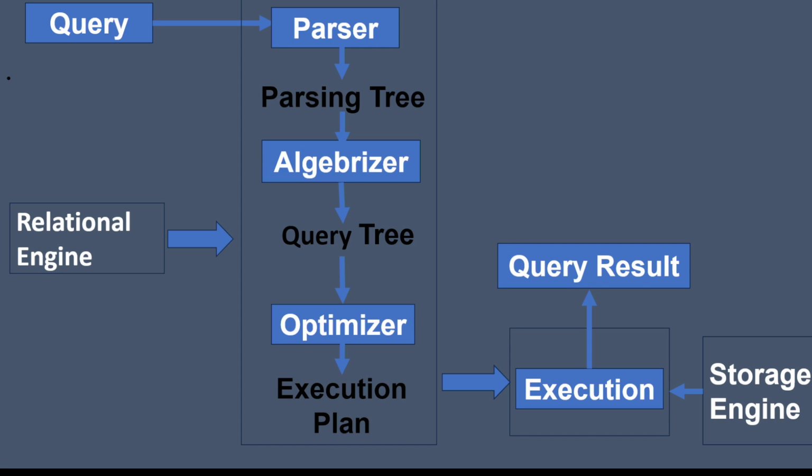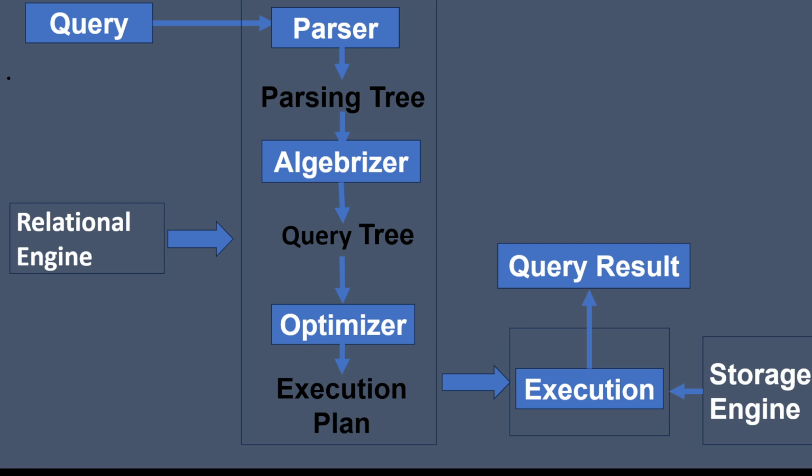So basically, these three operations are performed by the relational engine: parser, algebraizer, optimizer. If you pass any query, the first output is the parsing tree, after that the query tree, and the main important part is the execution plan.